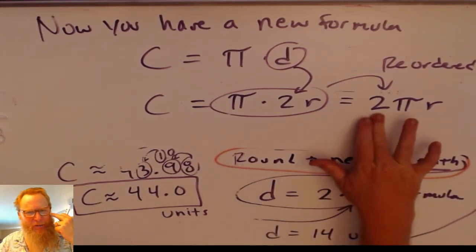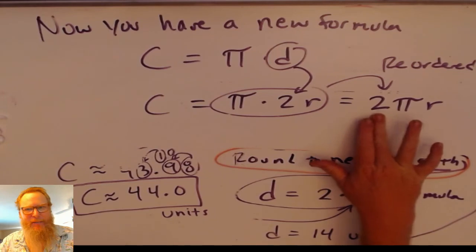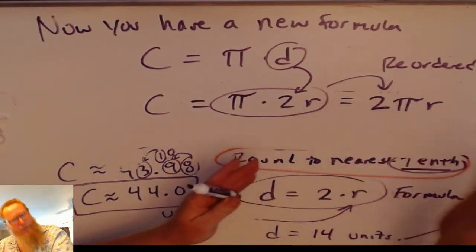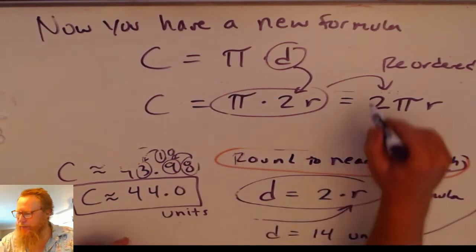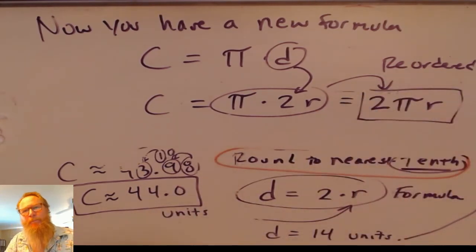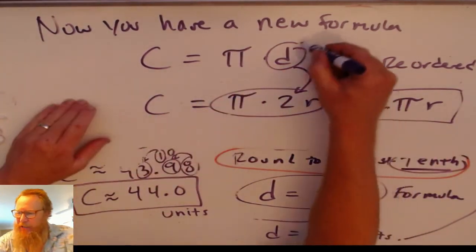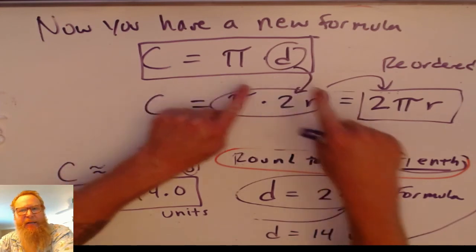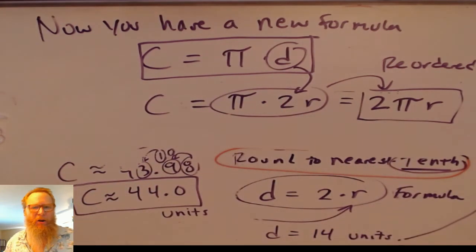Numbers go first. That's like the top of the list. Then pi, which is like P, and then R. R comes after P in the alphabet, so it's 2 pi R. On the test or the quiz, I don't care which of these formulas you use. You can use pi D if you find that one easier. You can use 2 pi R if you find that one easier.